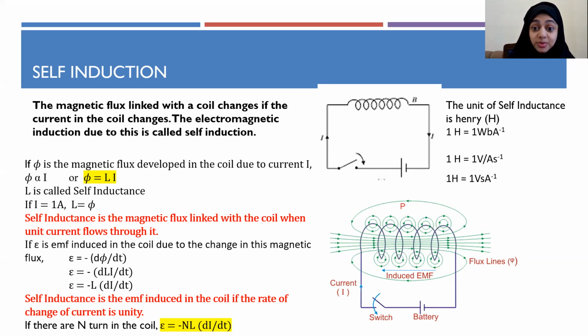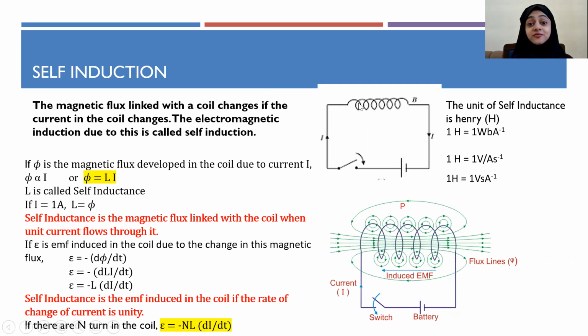The magnetic flux also will increase from 0 to some value, say 6 Webers. Suppose it's an exaggeration. Let us assume that the magnetic flux increases from 0 to 6 Webers. So what happens? The magnetic flux linked with this coil of wire is changing.